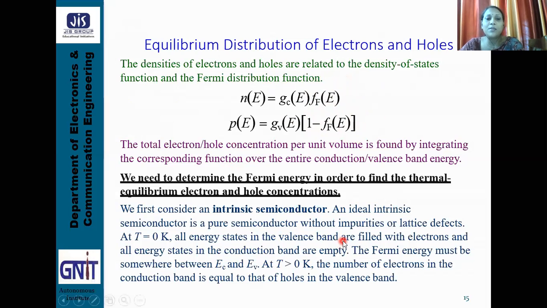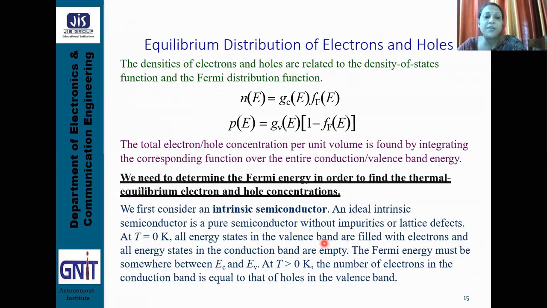So the total concentration of electrons and holes per unit volume is found by integrating the corresponding function over the entire conduction and valence band energy. We need to determine the Fermi energy in order to find the thermal equilibrium electron and hole concentration.